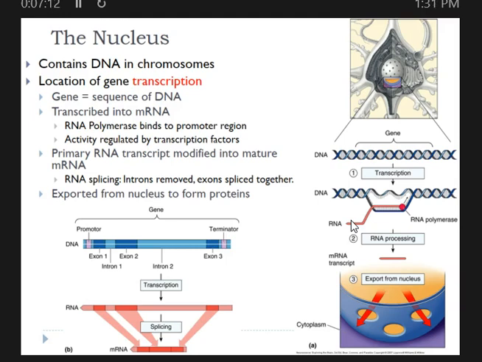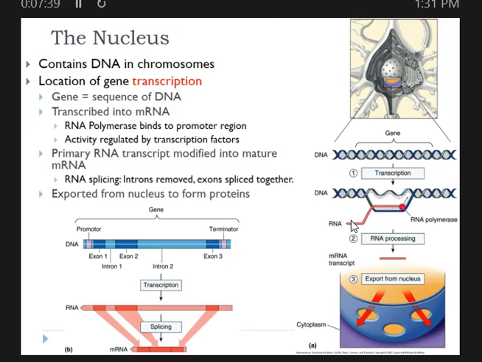And we kind of put them together into a mature messenger RNA transcript down here, and this is the thing that is actually going to leave the nucleus and be used to create a protein. All these other bits that are out here are not going to be used to actually encode a protein. Sometimes people argue these are junk RNA regions or junk DNA regions. Some people argue these are like remnants of old viruses that have inserted their nucleic acids.